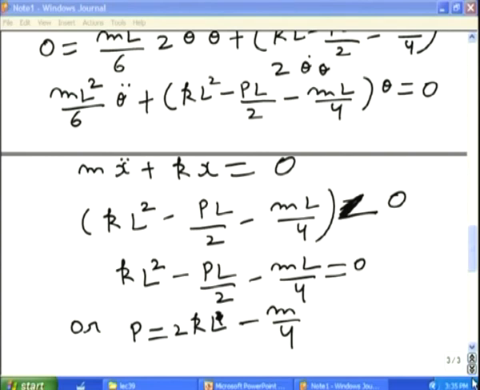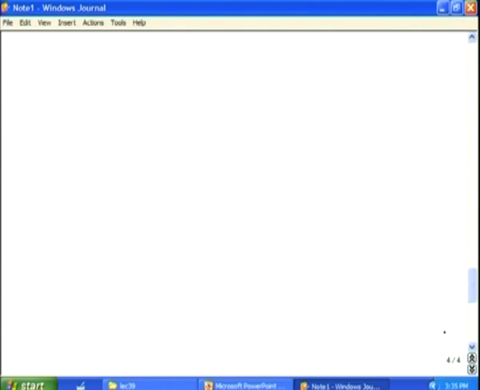To summarize what we have done, we have shown that there is another approach to obtain the differential equation of motion, not by solving the system force balance, but by energy consideration. In the free vibration case, the total energy of the system remains constant.